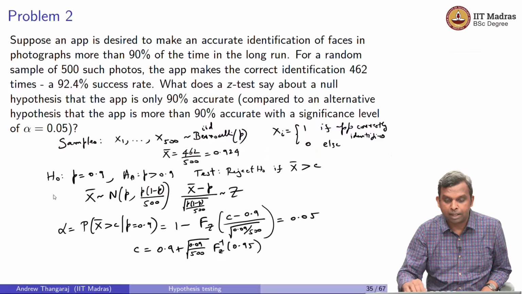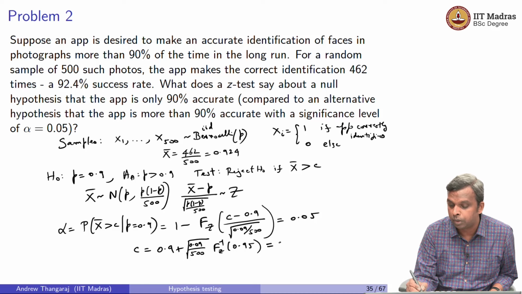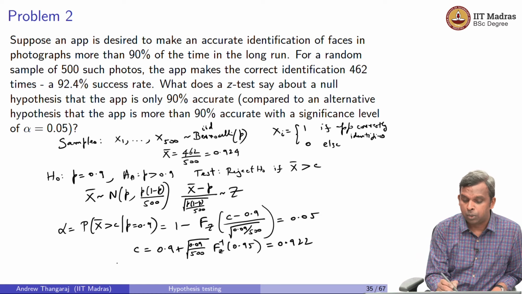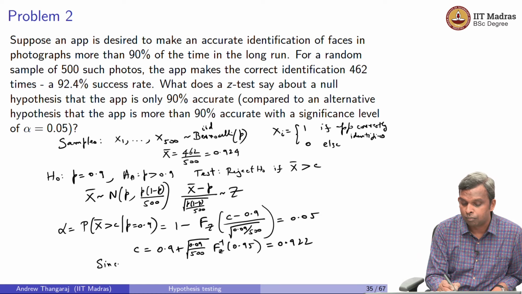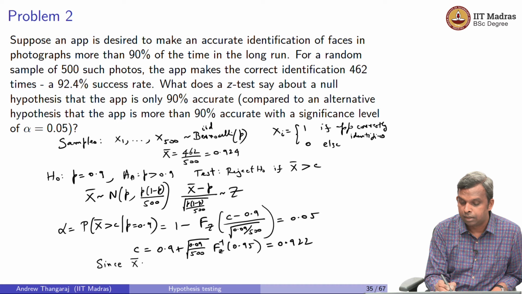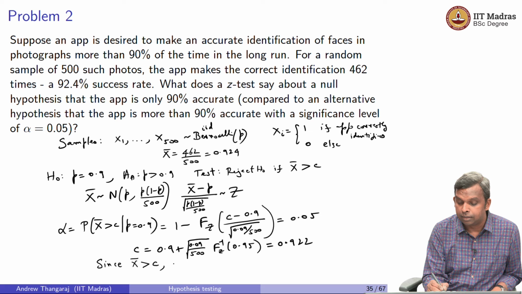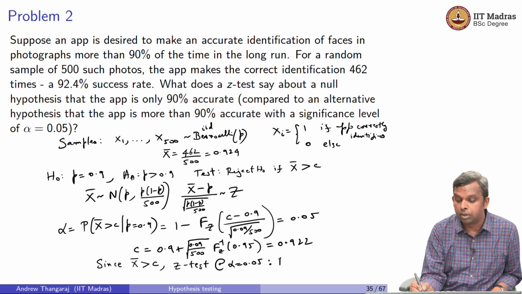Okay, let's go back to our screen. So that's 0.922. Look how close it is to x bar. Since x bar is greater than c, 0.924 is greater than 0.922, the z-test at alpha equals 0.05 concludes that we reject the null.